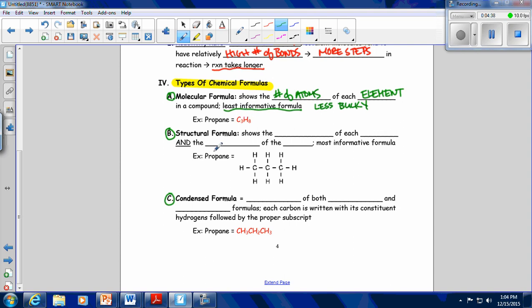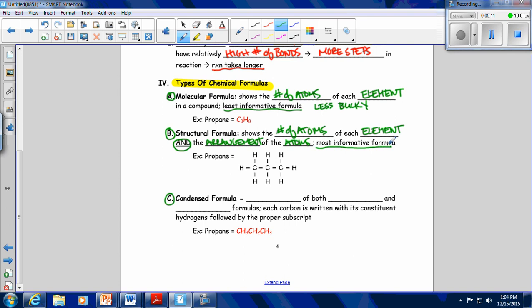Now for the structural formula, it shows also the number of atoms of each element, and, this is an added bonus, the arrangement of the atoms. This is considered to be the most informative formula.